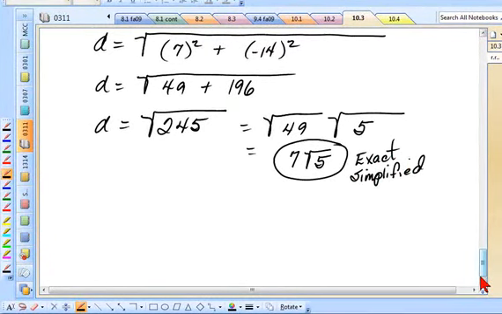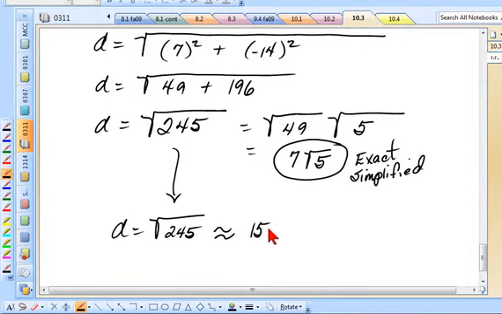Then my math lab says give a decimal approximation. So this time I know that the distance is the square root of 245, and that is approximately, using my calculator, 15.652478, and I don't think it wants all of that, and I look at the instructions again and it says round to 3 decimal places.